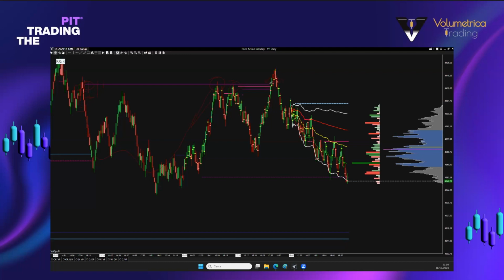Also here, even though here we had a little break of the eye, but normally, as a rule of thumb, I would say that the first pullback is always the best. Of course, because the area is still fresh.